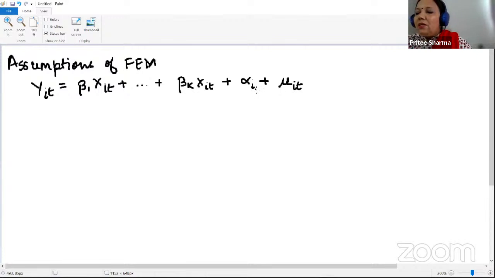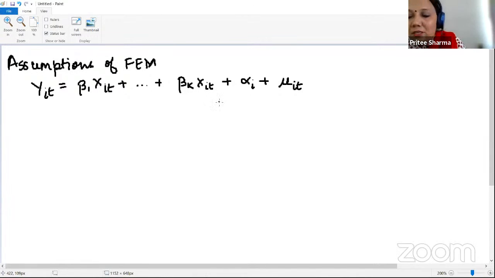Now, the common assumptions: first, of course, the sample that is drawn is a random sample, so each cross section, or entity, has been selected randomly. The explanatory variables are changing over time, and there is no linear relationship amongst the explanatory variables.